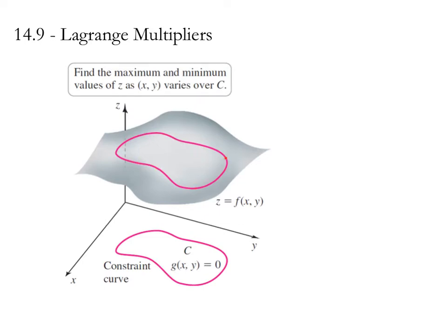So this red curve, what are its highest or its lowest points on the surface? We've got the constraint curve on the xy plane, and that's where I am on the surface. That's the idea visually of what we're trying to accomplish here. Given a function and a constraint, what are the highest or lowest values on the function on the constraint?